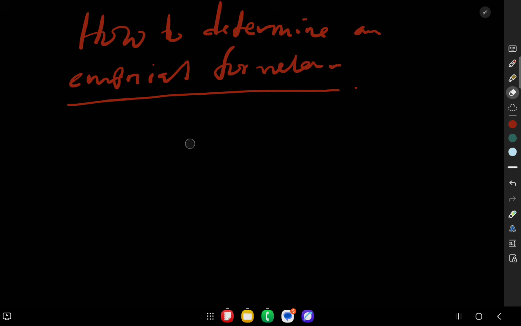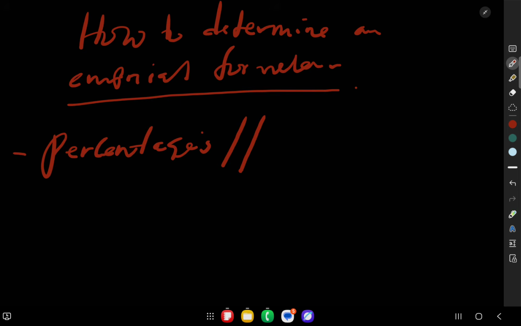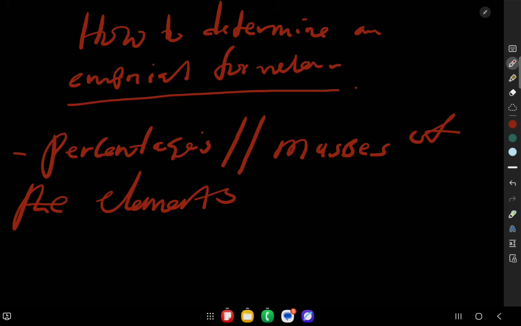What are you going to be given for determining the empirical formula? So if they ask you to find the empirical formula, they're going to give you either percentages or the masses, either of these two, of the elements in the molecule.